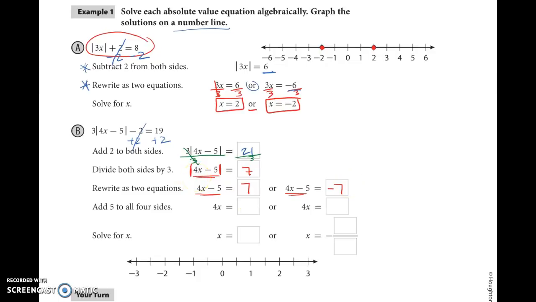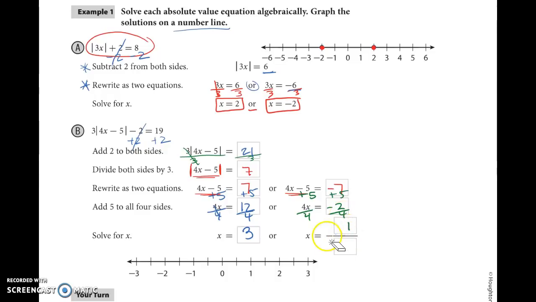So now if I'm solving, I would add 5 to both sides. 7 and 5 make 12. Divide by 4, and x equals 3. Or, if we're solving this one, I would add 5, and a negative 7 and a positive 5 give me a negative 2. Divide by 4 gives me a negative, oh, sorry about that.